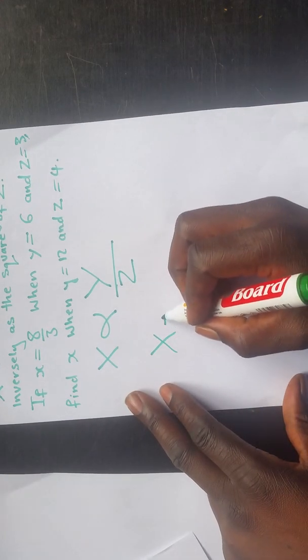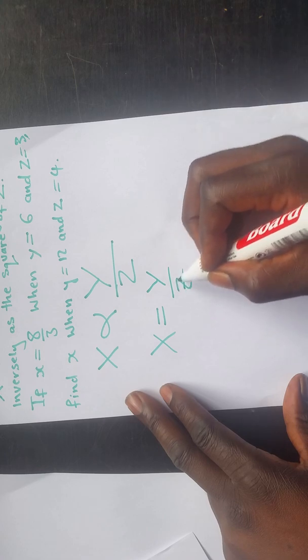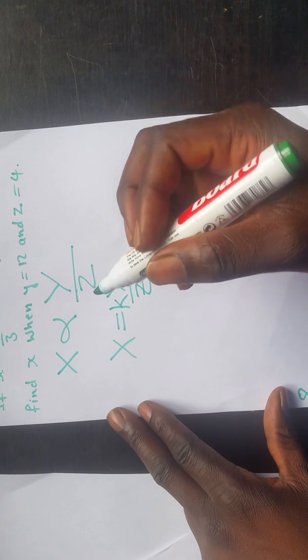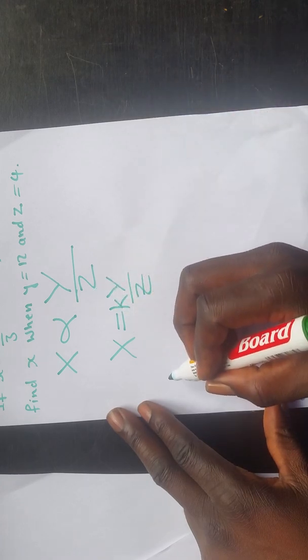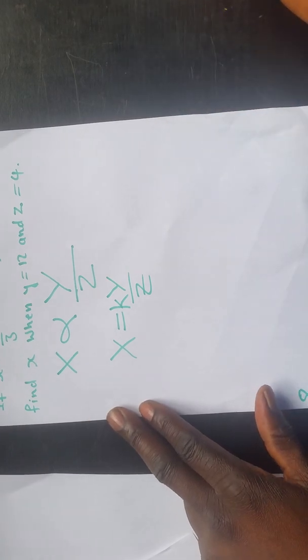So x is equal to k y over z. We introduce even a constant there. So now we should find the constant. We use the first part of the information to find the constant.